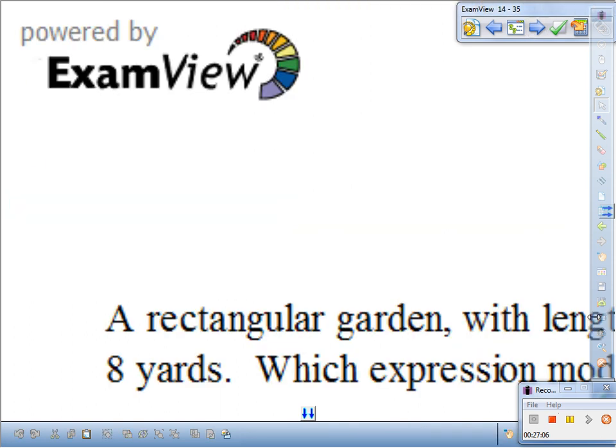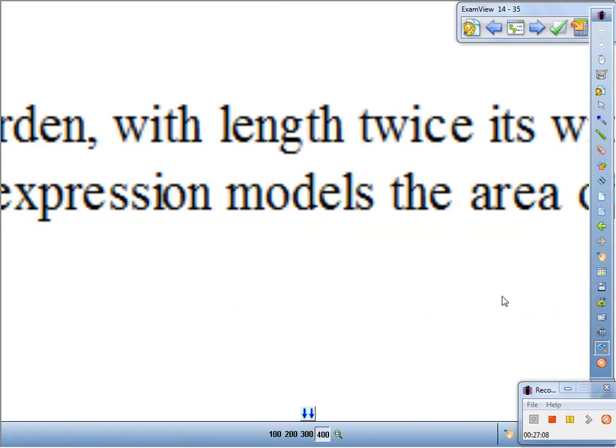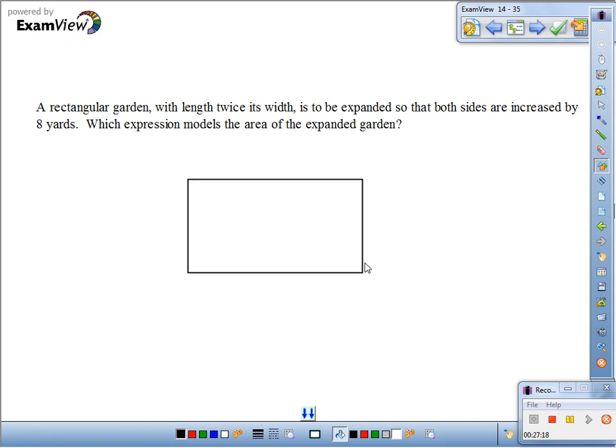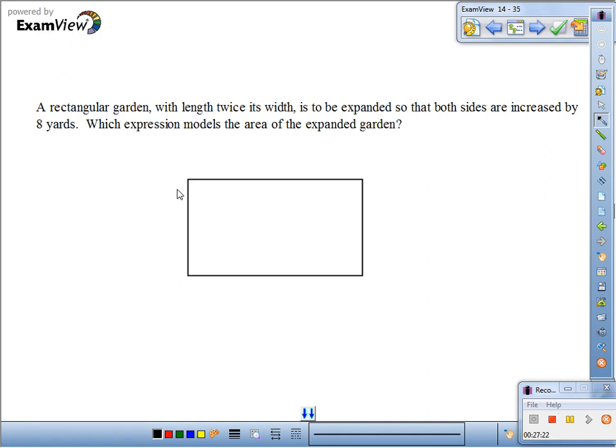Number 14. It says, a rectangular garden. What does that tell you? Draw a rectangle. Then it says, where the length is twice the width. So let's say this is the length and this is the width.